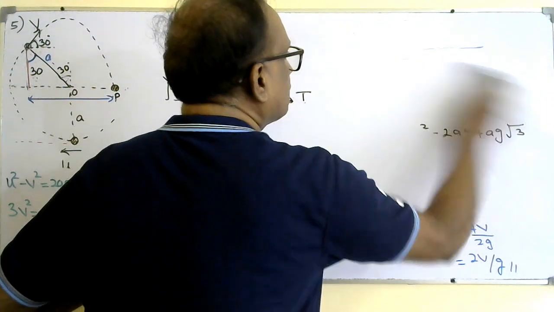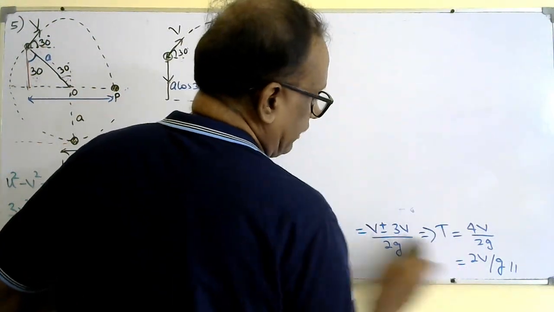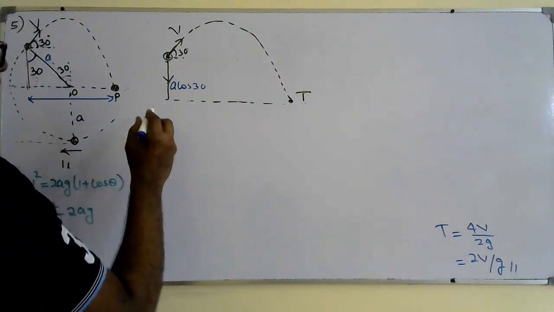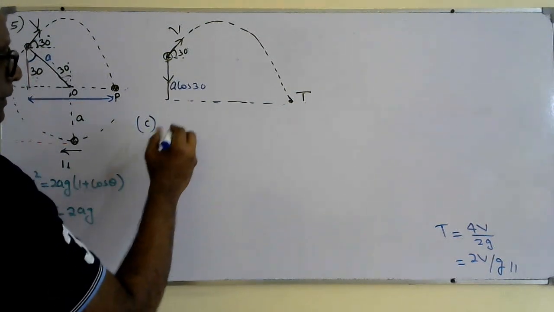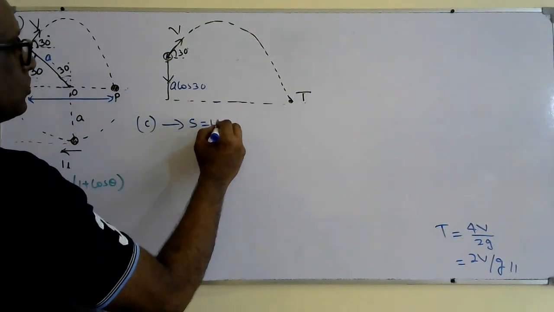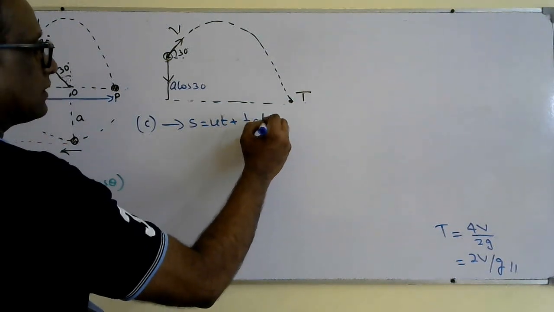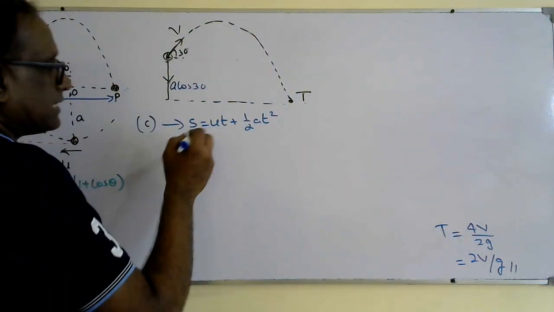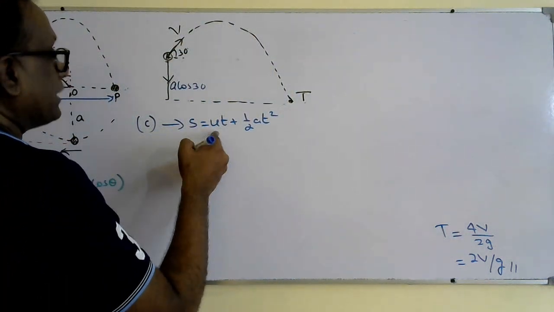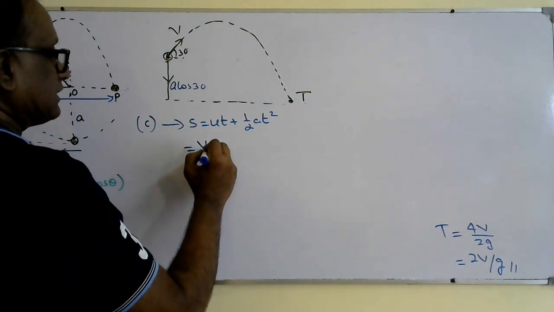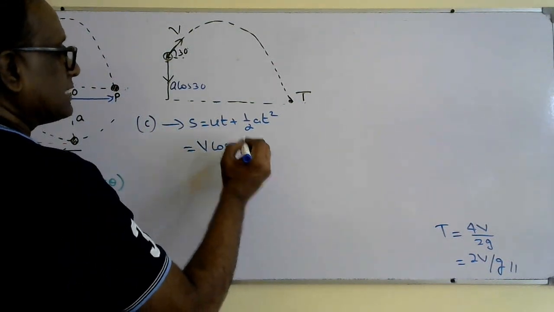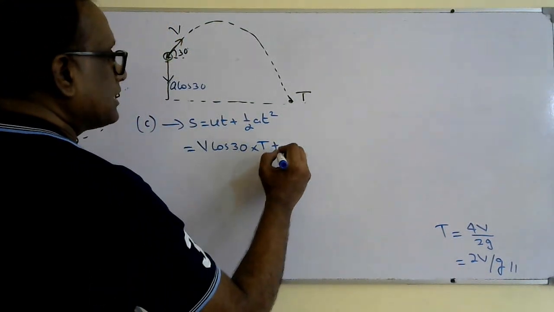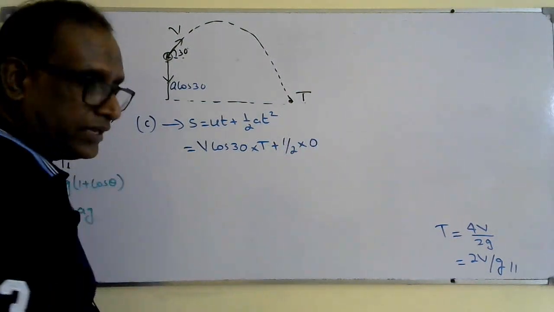That is the C part. So we know T equal to 2V over G. Okay, so we use horizontally s, that is C part now, but then it was B part. Horizontally s equal ut plus half at squared until OP becomes horizontal during the projectile motion. So s is going to be, u is V cos 30, the initial velocity V cos 30 into T, I can substitute that one, plus horizontally there is no acceleration, we neglect the drag force.